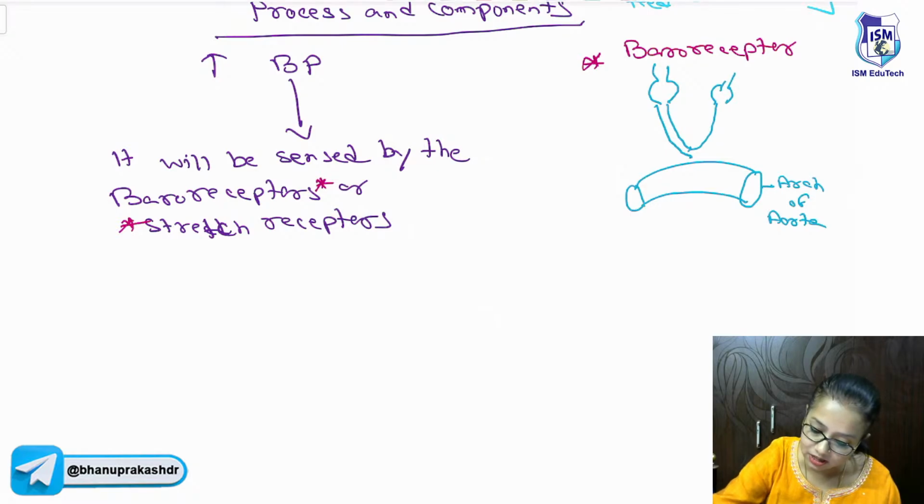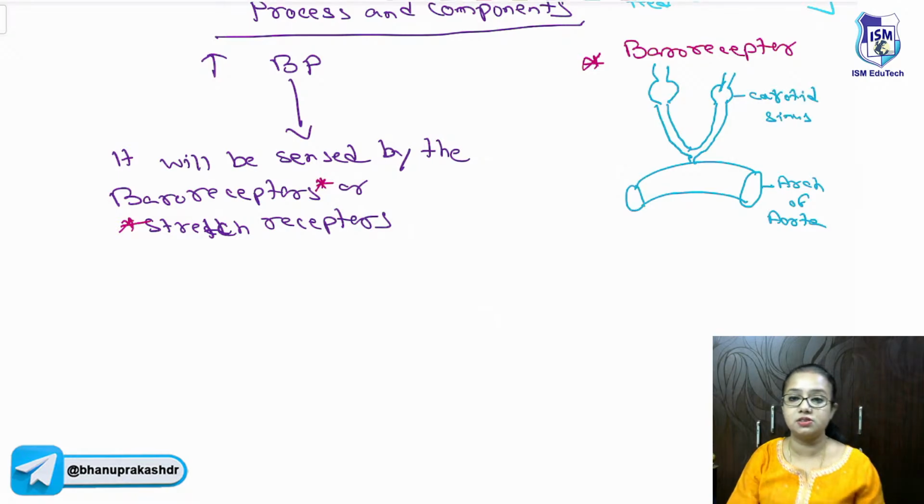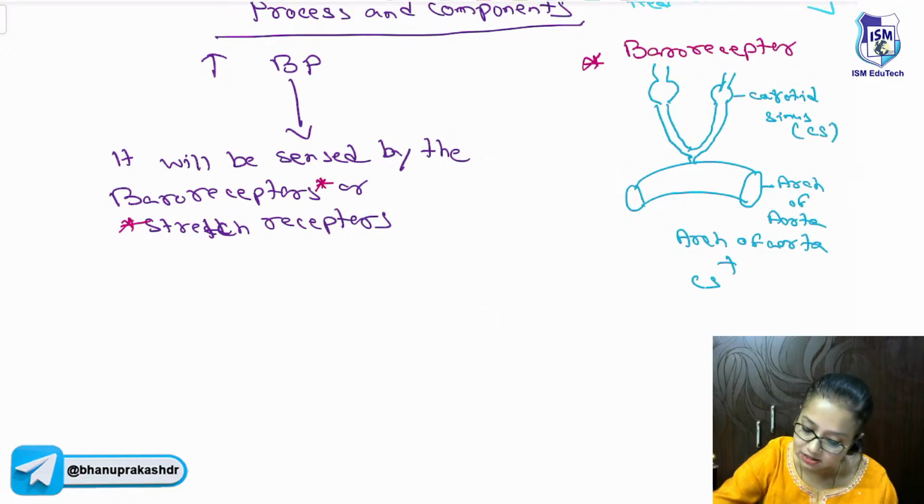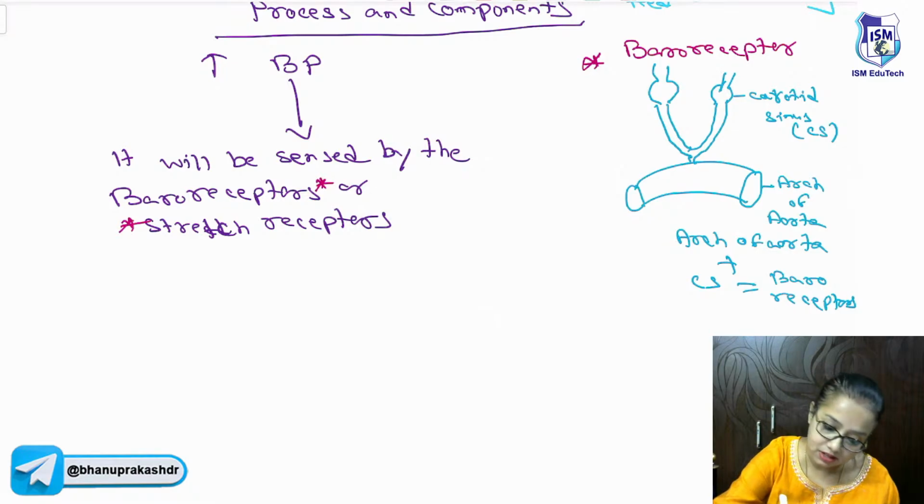The common carotid artery bifurcates into left and right, right? So this dilation is called the carotid sinus. This arch of aorta plus the carotid sinus make the baroreceptors.